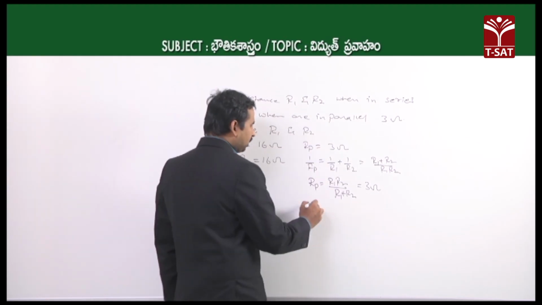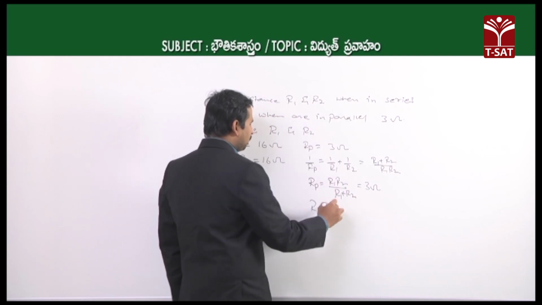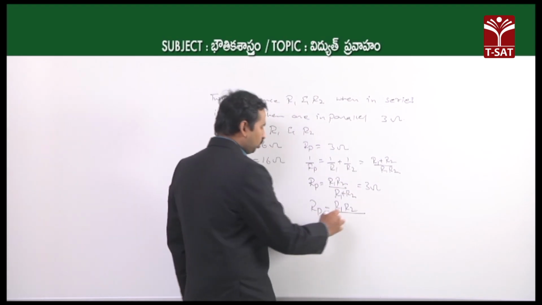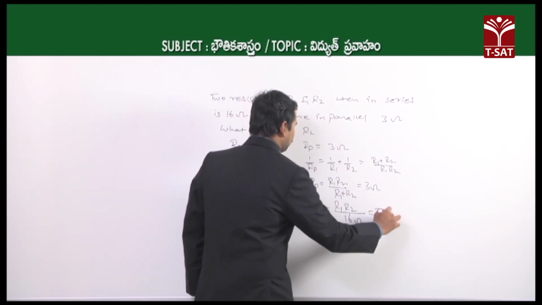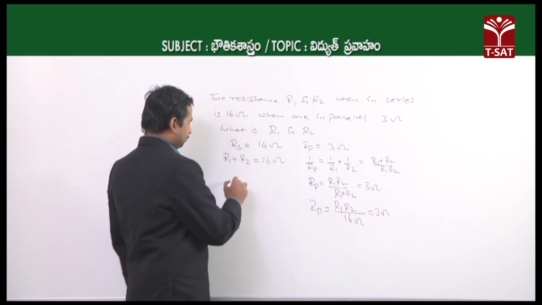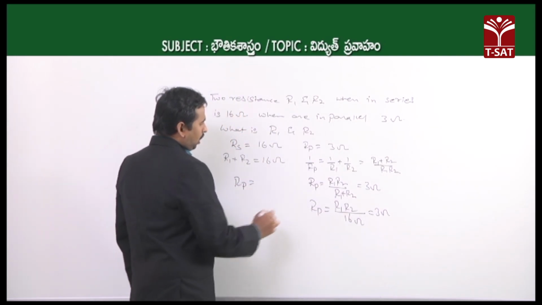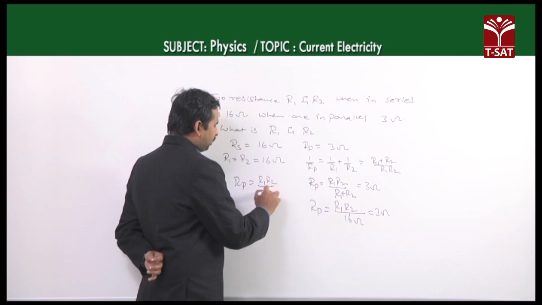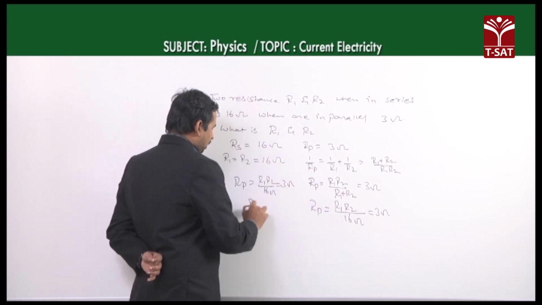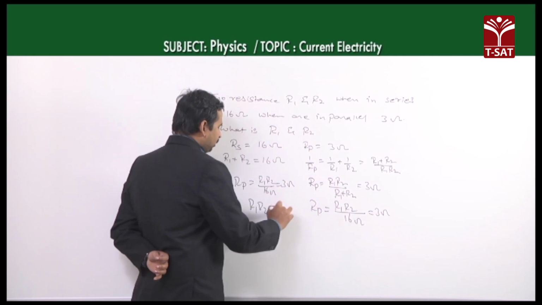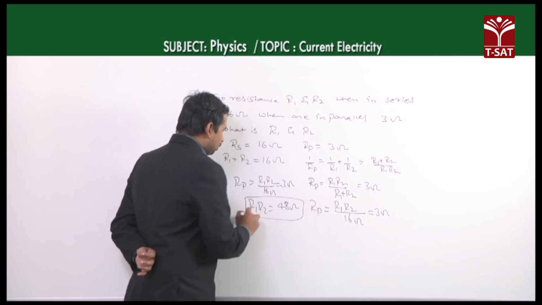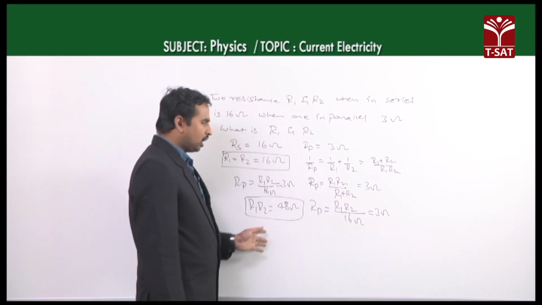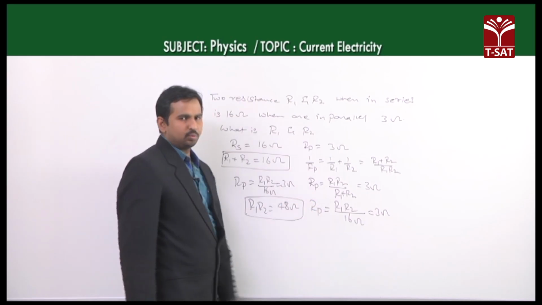Rp is equal to R1 R2 by R1 plus R2, which is R1 R2 by 16 ohms, equal to 3, so R1 R2 is equal to 16 times 3, which is 48 ohms. So we finally got 2 values: R1 plus R2, which is 16 ohms, and R1 R2, which is equal to 48 ohms.